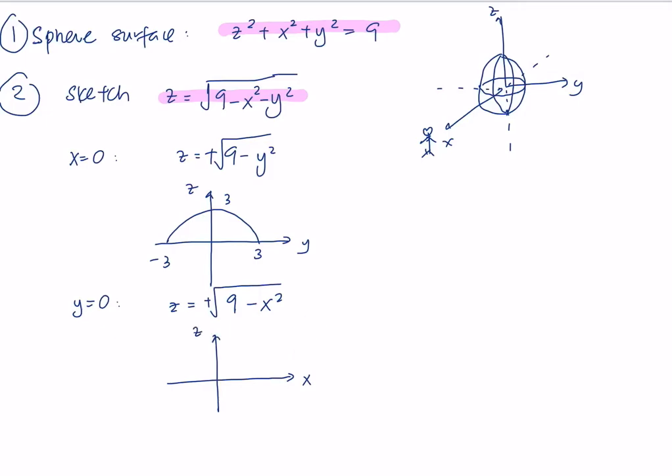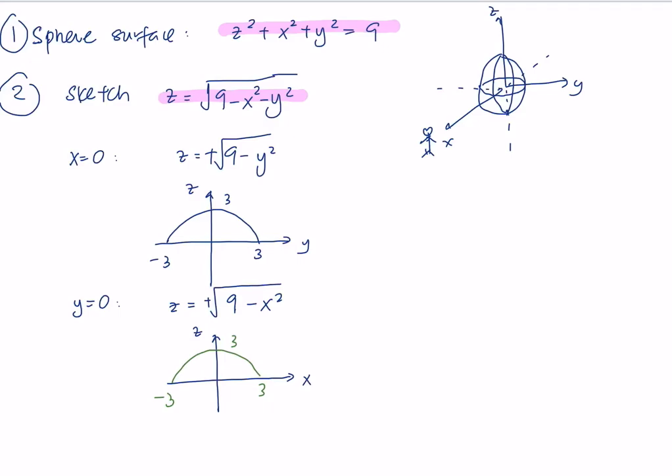Let's choose a different color. For this one you will have the semicircle, so you have 3, minus 3, and 3. How about the last one, z equal to 0?